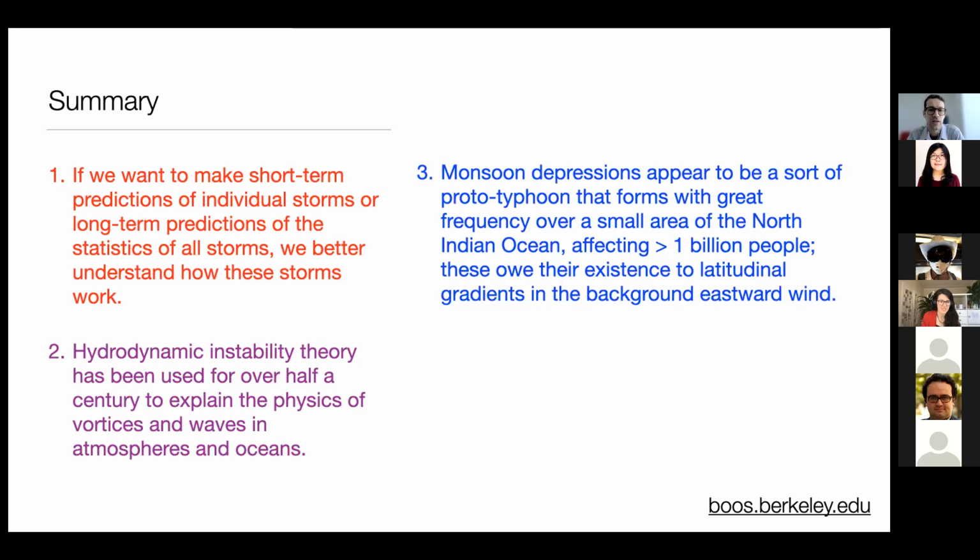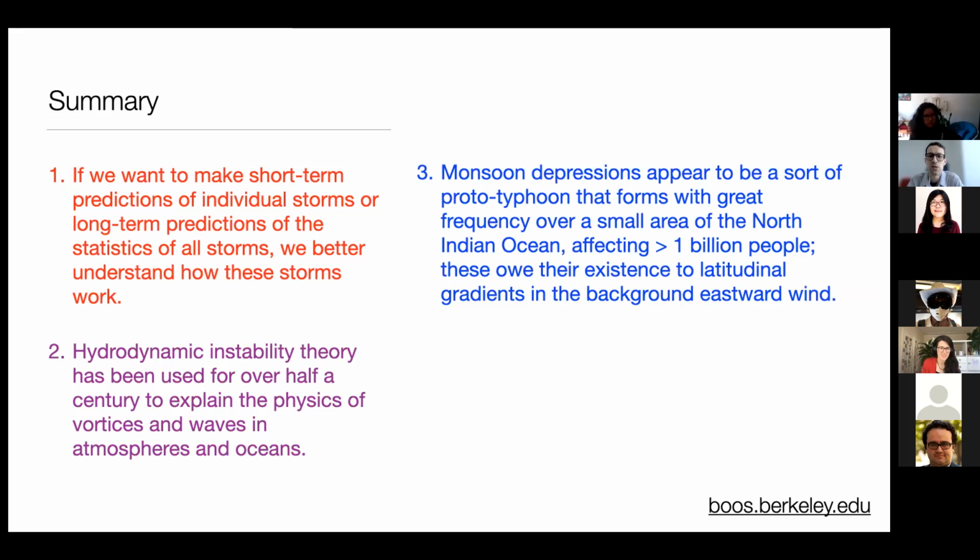And the finding that I presented to you today has to do with monsoon depressions. Some people have thought of these as kind of proto-typhoons or proto-tropical cyclones. They're weak in terms of their wind speed, but they produce abundant rainfall that's societally very important for well over 1 billion people that live in South Asia.